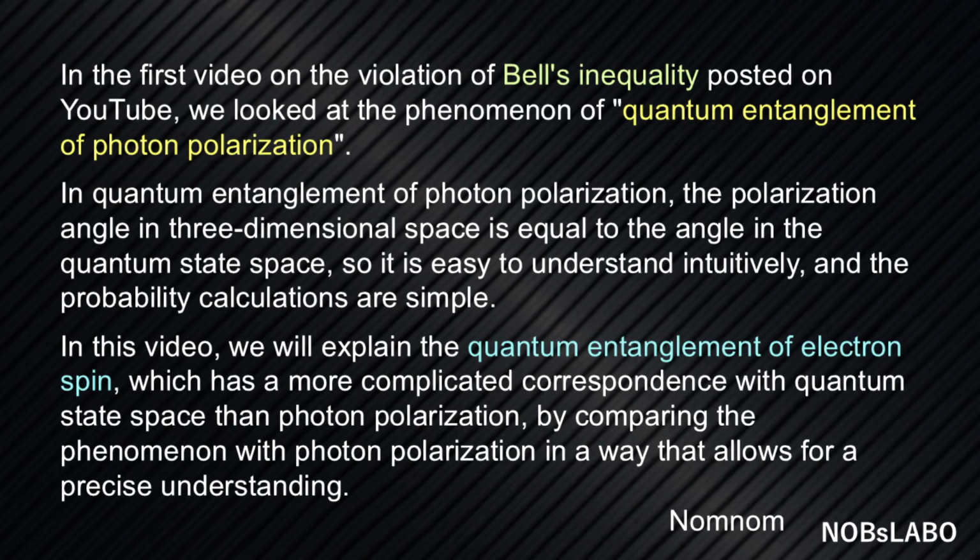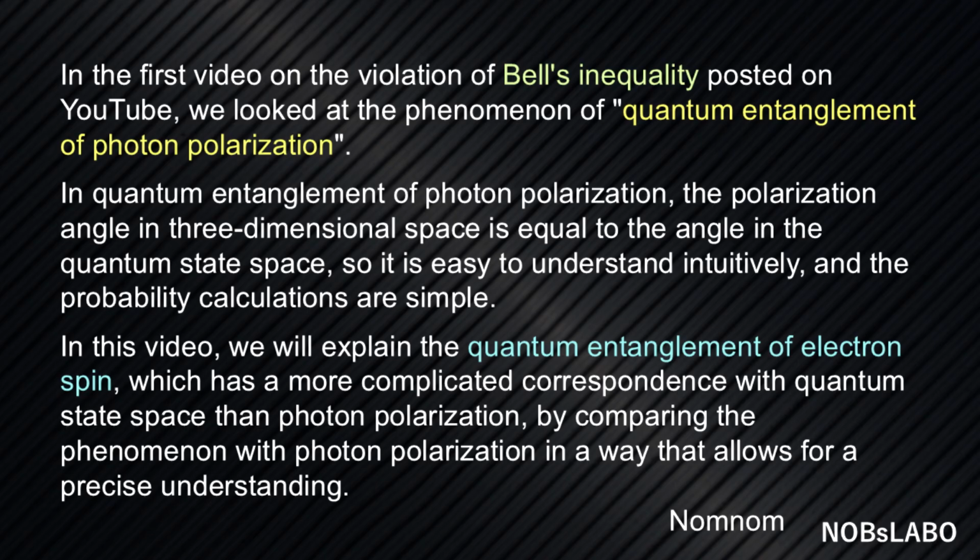In the first video on the violation of Bell's inequality posted on YouTube, we looked at the phenomenon of quantum entanglement of photon polarization. In quantum entanglement of photon polarization, the polarization angle in three-dimensional space is equal to the angle in the quantum state space, so it is easy to understand intuitively, and the probability calculations are simple.